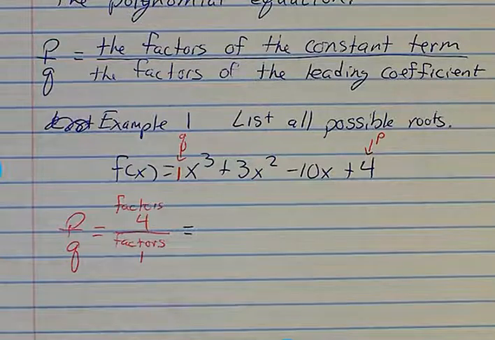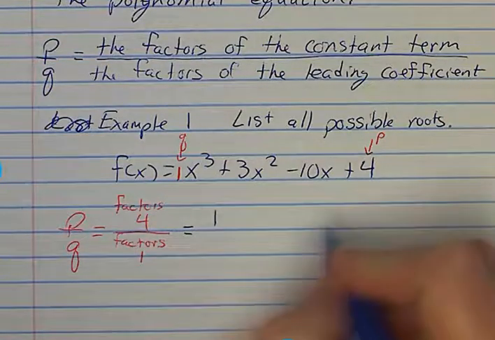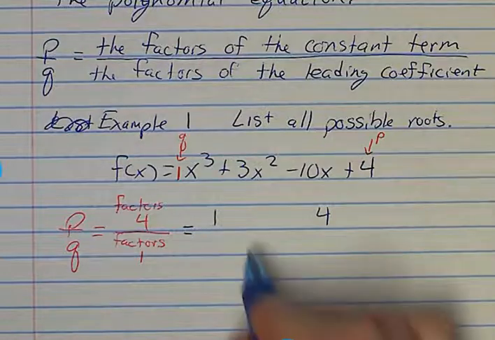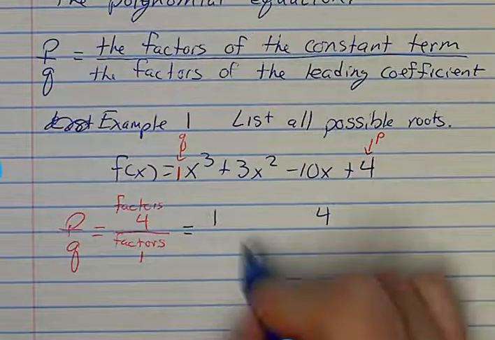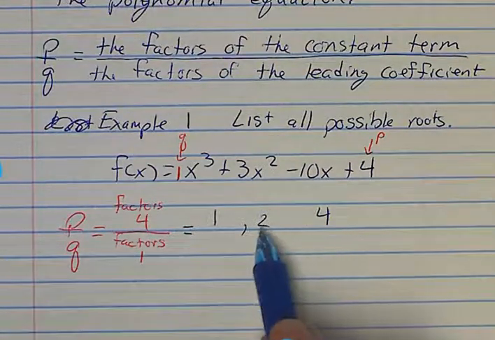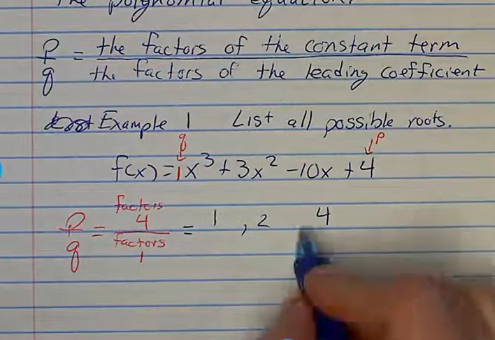Okay, and because we're trying to work this as much as we could by factoring, when we do the factoring, this is where you do it in pairs. So the factors of 4, it could be 1 times 4. I'm going to spread this out a little bit. And in the middle, it could be 2 times 2. Now, the thing about this set up, if it's the same number, if it's 2 times 2, you only have to write that number 1 time.